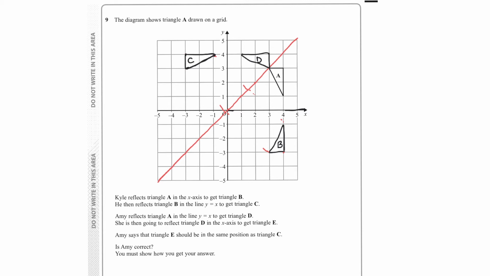And then she reflects triangle D along the x-axis, so along here, to get triangle E. Along the x-axis, that would end up being that point. 4 points from there would be there, and then 4 points from there would be there. So this would be triangle E. As we can see, clearly Amy's triangle E is nowhere near triangle C. So is Amy correct? No.